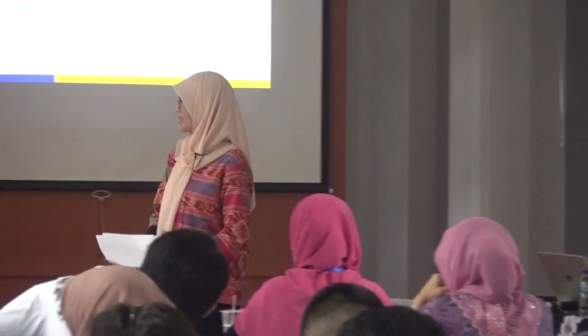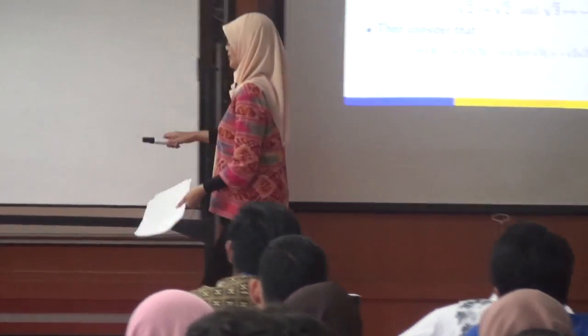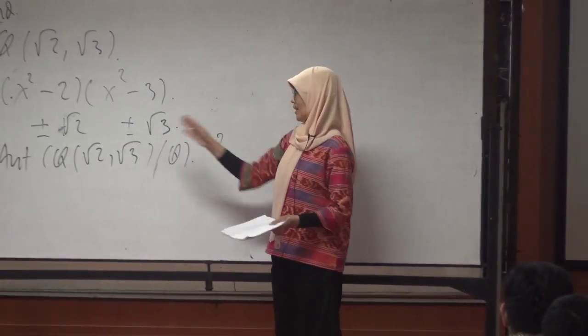So we only have 4 possibilities, and now we consider what kind of group we have here. We know that the cardinality is 4.